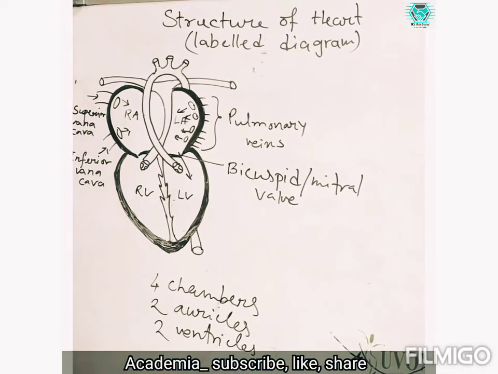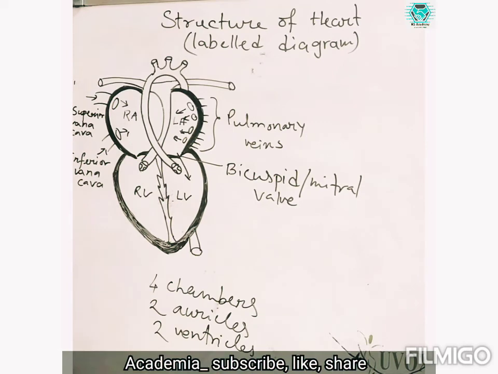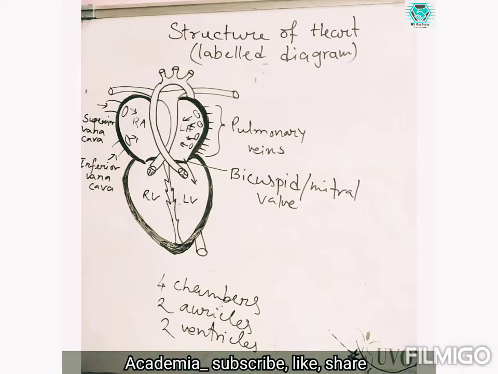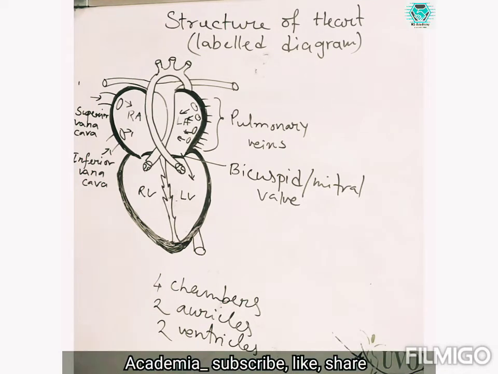They carry less oxygenated blood from all the organs of the upper part of the body. The deoxygenated blood comes into the heart, and from our abdomen and lower limbs, all the less oxygenated blood is collected and ultimately enters the heart through the inferior vena cava. So both the vena cavas are very important for carrying the less oxygenated blood from different organs of our body.